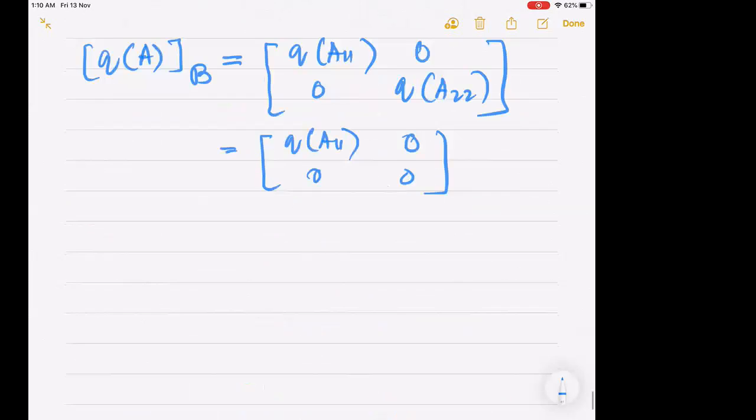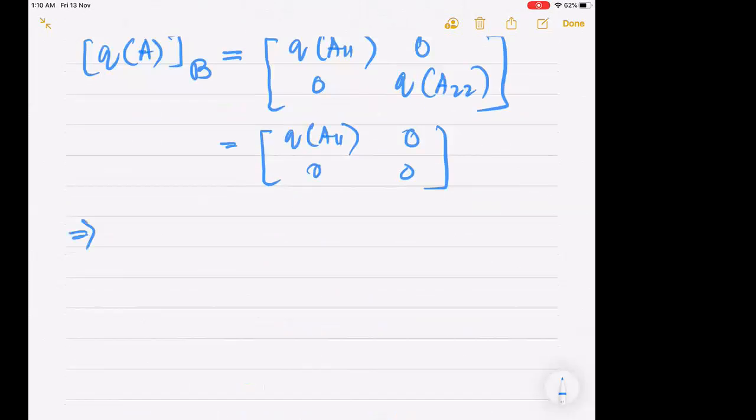QA22 being 0 would mean this is QA11 0 0 0. So therefore, if I now look at this polynomial mu1 A into QA, right? Look at this representation.